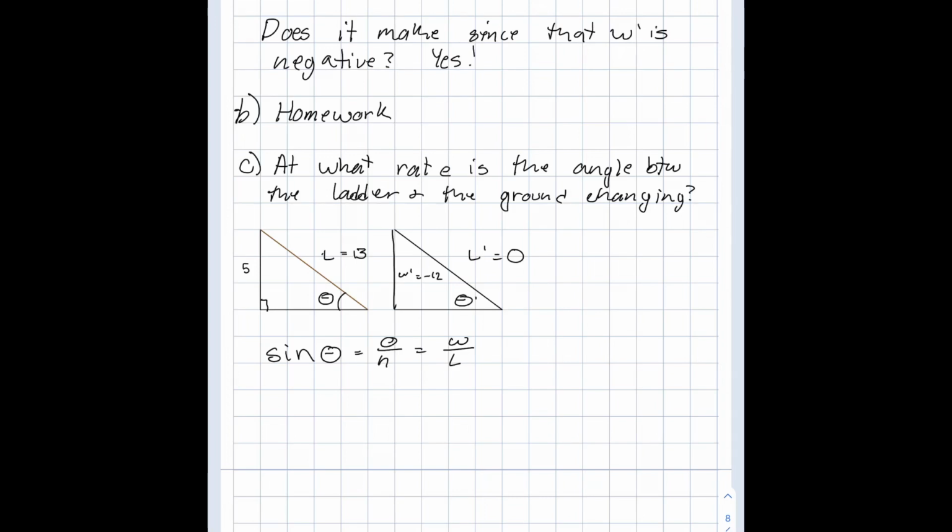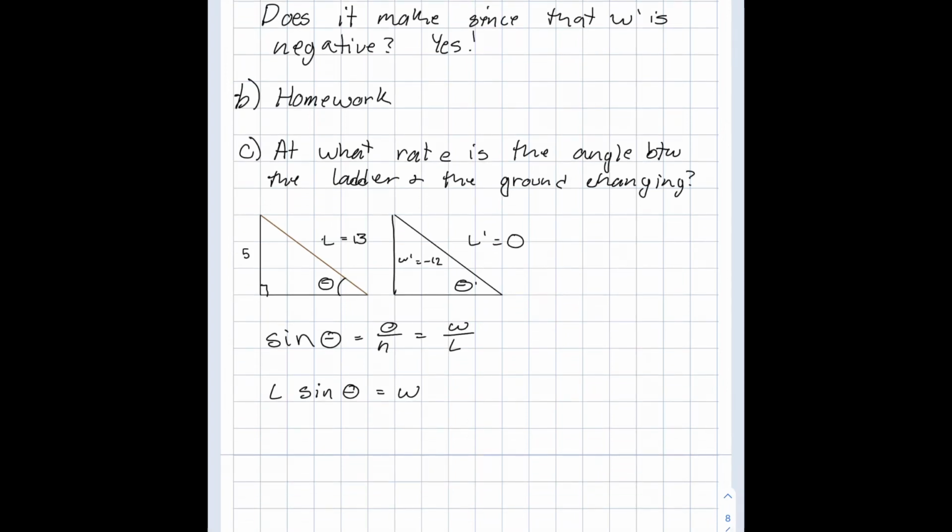It's not moving. We don't have to do quotient rule at all. Thank God. Right? So we have our equation now. If we wanted to, we can even kind of multiply L over, and so we'll get L sine theta equal to W. We don't have to use sine. We could have also used cosine. I think we also could have done tangent. Just different ways. They're all the same.